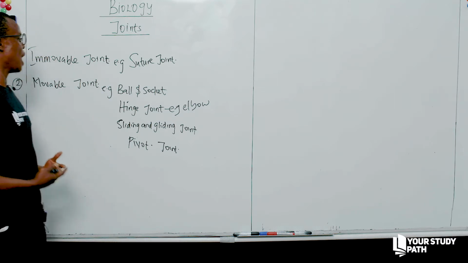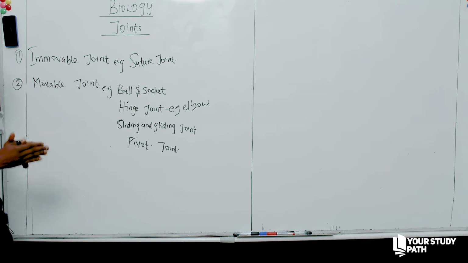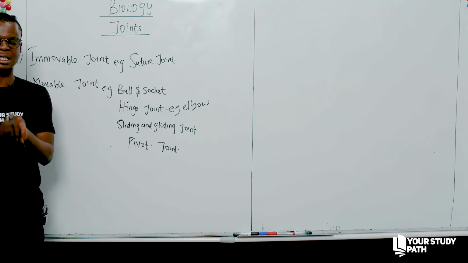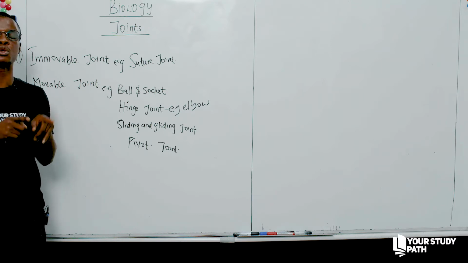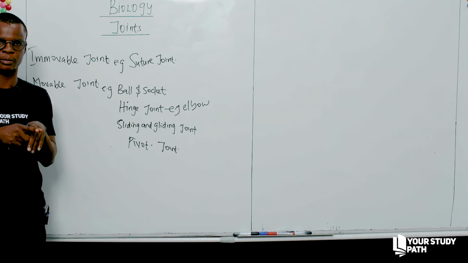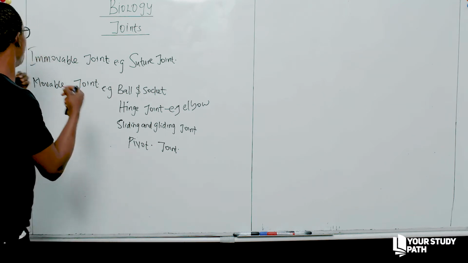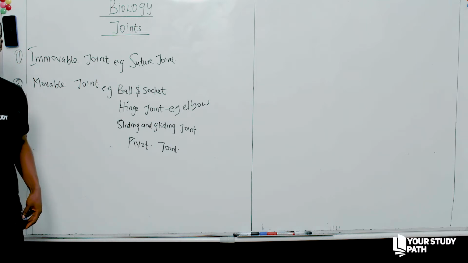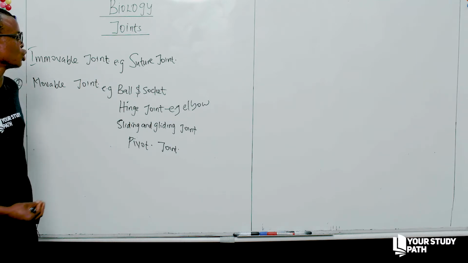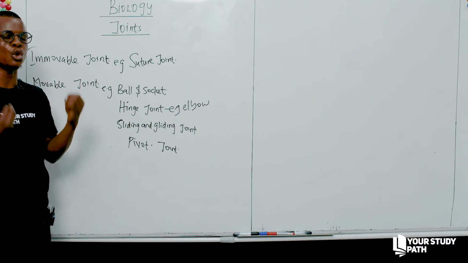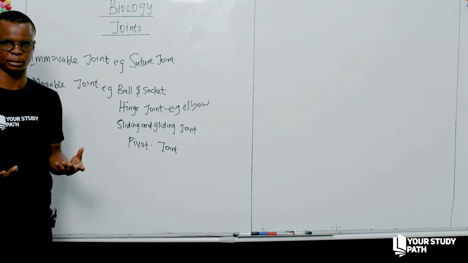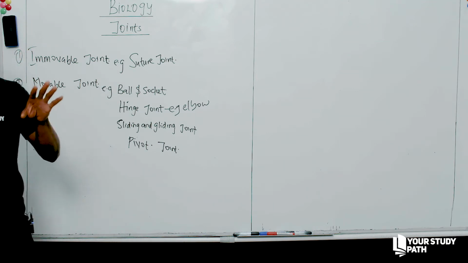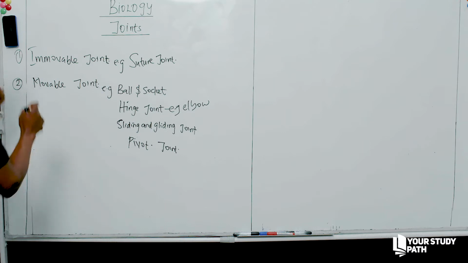We said movable joints are those joints that can move. We've defined what a joint is: an attachment of two bones, a region where two bones meet. We have immovable joints and movable joints. Immovable joints are those that cannot move, and a good example is the suture joint, located at the upper part of the body, the skull, where small pieces of bones are attached together.